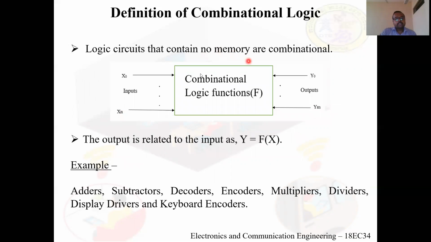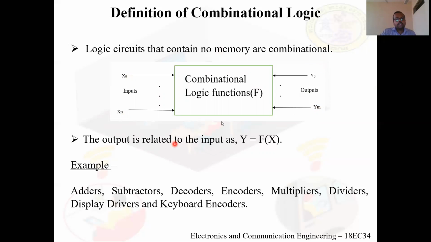As shown in the block diagram of a combinational logic function, we have a set X, which is a set of input variables x0 to xn, and we have a set Y, which is an output set, a combination of output variables y0 to ym.